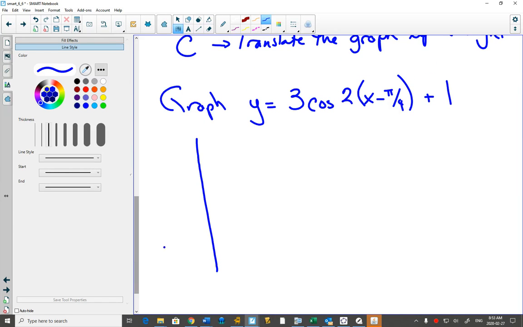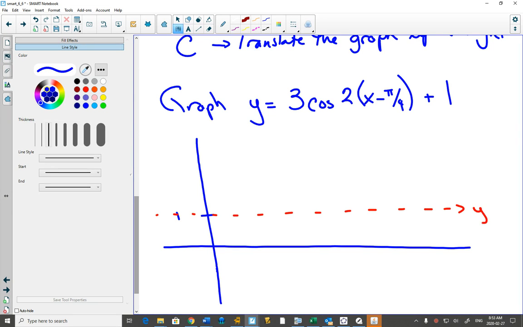According to DAB C, we would start with our d value, which is at 1, and draw our sinusoidal axes at 1. The d value of DAB C is done.